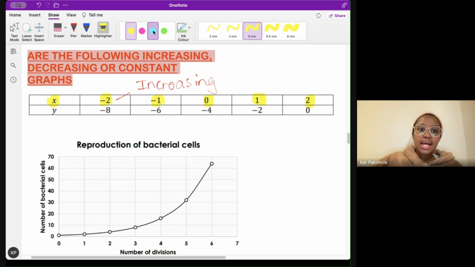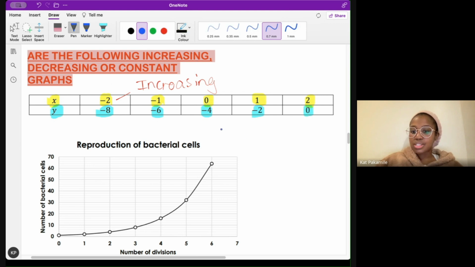All right, let's look at the ones on the y. -8, -6, -4, -2, 0. Are those values increasing or decreasing? Think of your number line in negative numbers. If I'm going that way, am I increasing or decreasing?